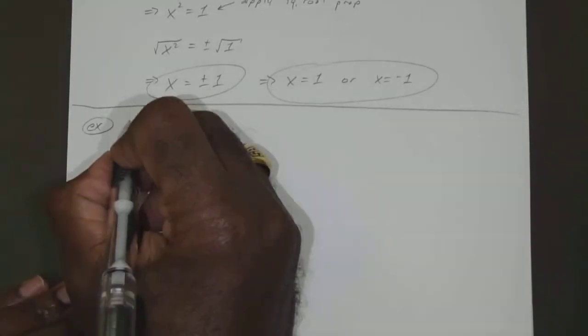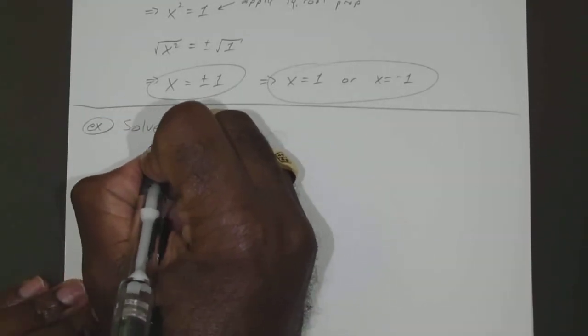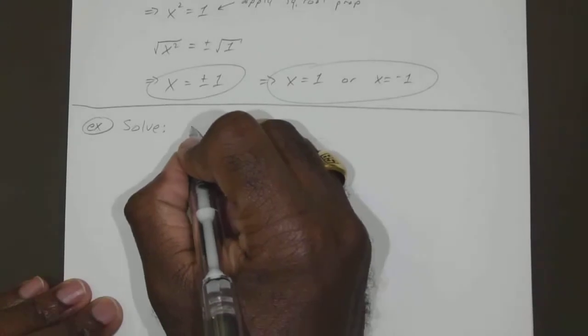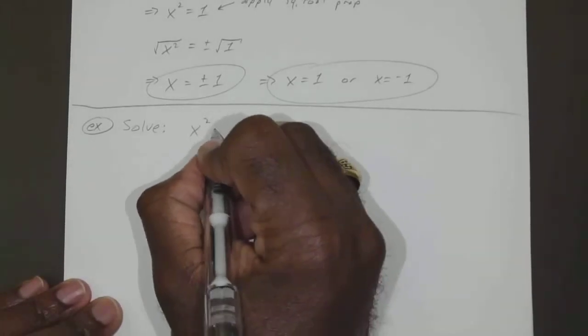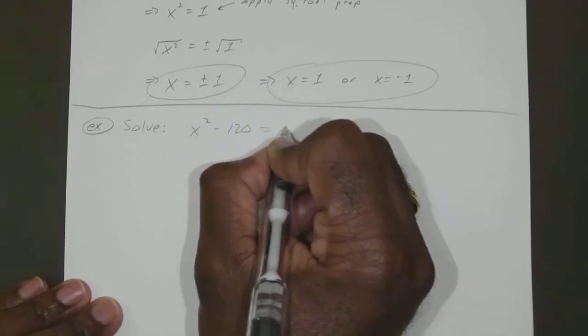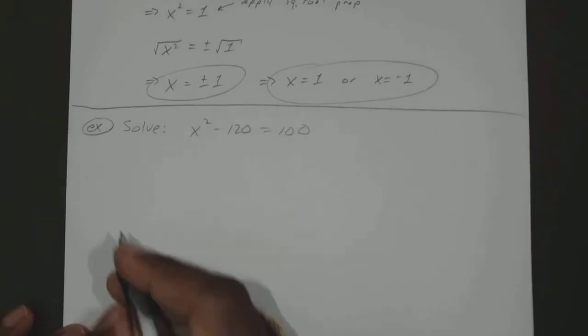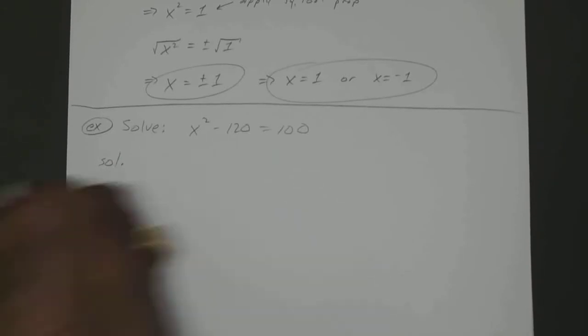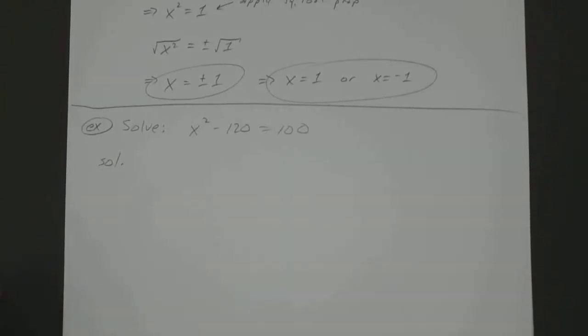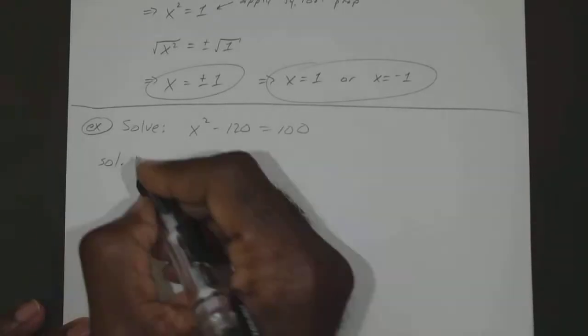Okay, so let's say if we wanted to solve x squared minus 120 equals 100. Okay, so we get the x squared by itself, so that means we just have to add 120 to both sides.